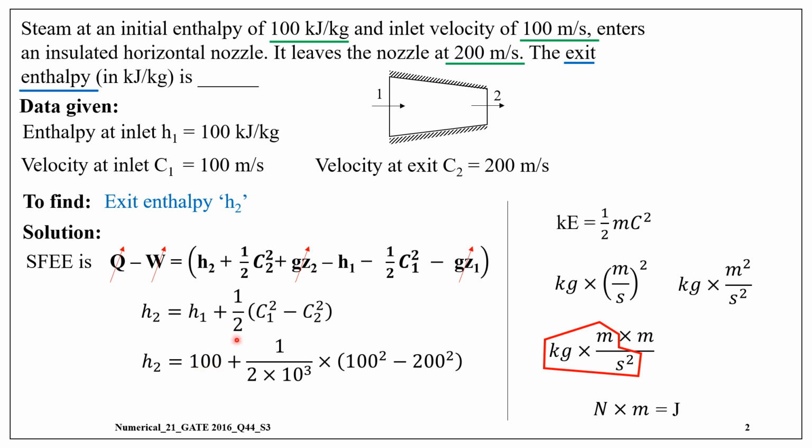We cannot add kilojoules with joules. To convert joules into kilojoules, it is divided by 10 power 3. On calculation, it yields H2 equal to 85 kilojoules per kilogram.